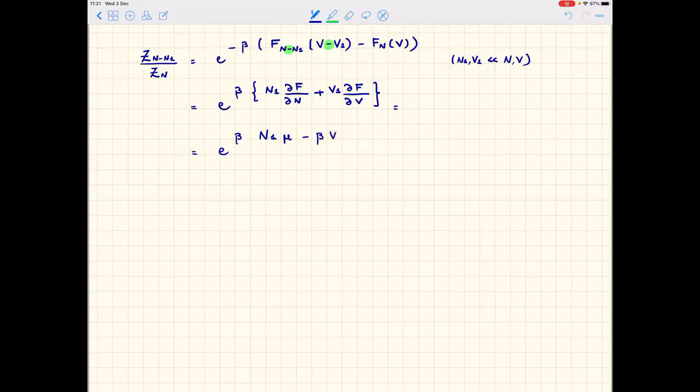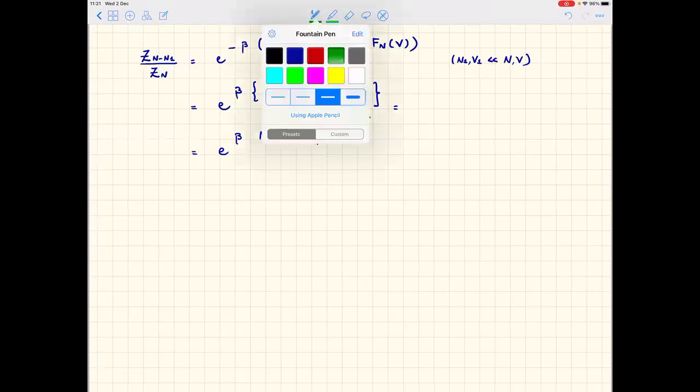So minus beta V1 P. Okay, that's because dF/dN is mu, and this is minus P. Okay?